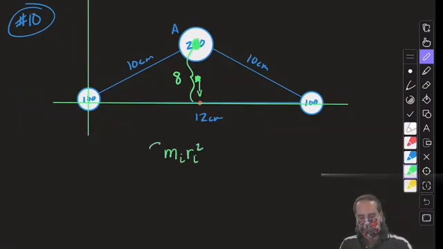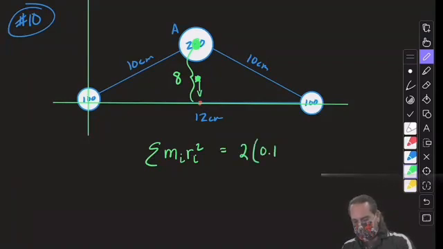You have to sum each of the masses and their distance away squared. Now for this one, you probably should put this all in kilograms, newtons, meters, all that good stuff. But there's two of them. They both have the same mass, 0.1 kilograms, and they both are the same distance away, 0.1 squared. So don't spend a lot of time on that.